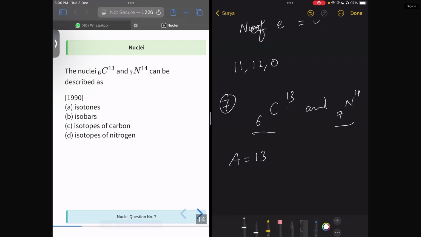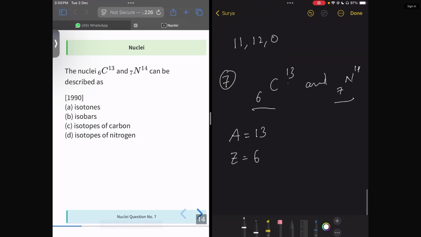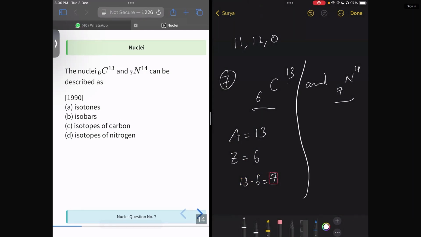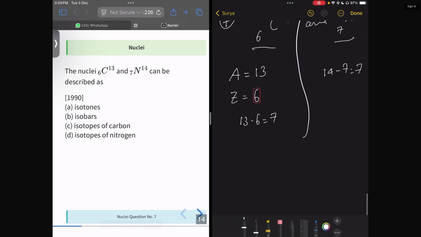And Z will be the number of protons. So the number of neutrons will be 13 minus 6, so a total of 7 neutrons. Similarly, for nitrogen it is 14 minus 7, which is 7 neutrons. Both have the same number of neutrons. So when two atoms have the same number of neutrons, we call them isotones.